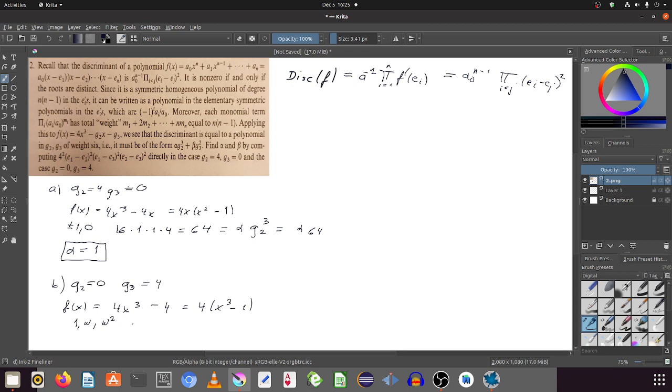So the discriminant is 16 times, did I square this guy? Yes. 1 minus omega squared, 1 minus omega squared, and omega minus omega squared.